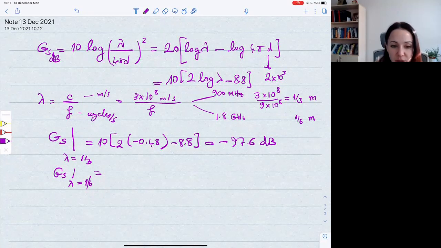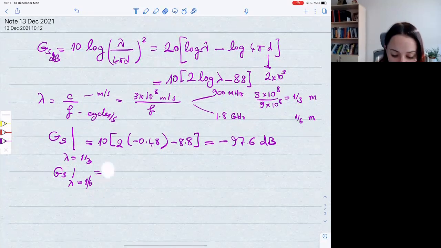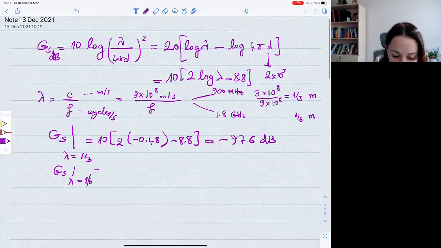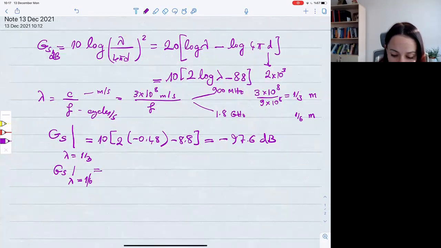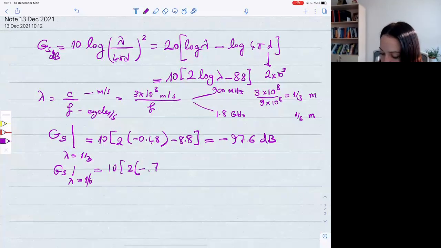So that means the path loss is larger. So 10 times twice minus 0.79 minus 8.8 equals minus 103.6 dB.